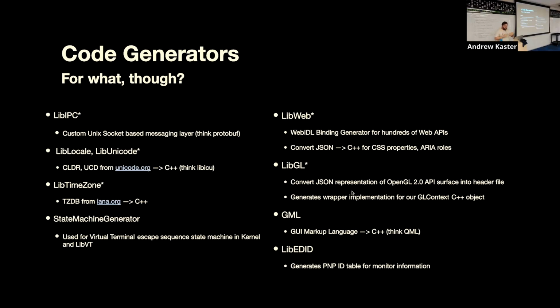We have stuff for our custom GL implementation, which is almost GL 2.0. It generates a header file, and it generates a wrapper for the global C APIs in GL that talk to our GL context object. We've got our GUI markup language. So we've got all these generators, and they're all needed for basically any application that needs to use some of these.